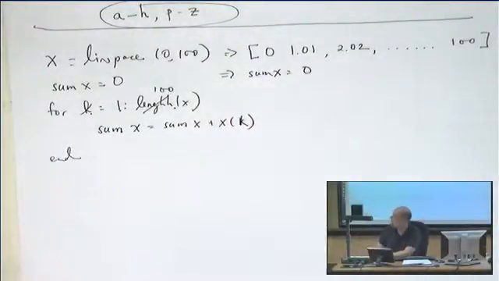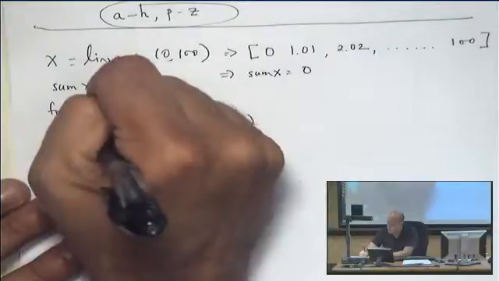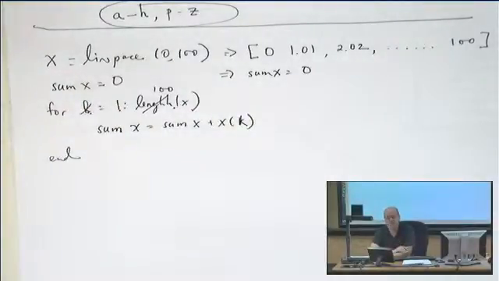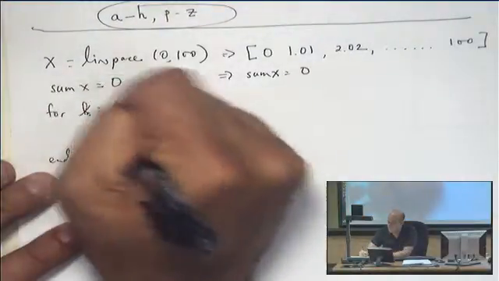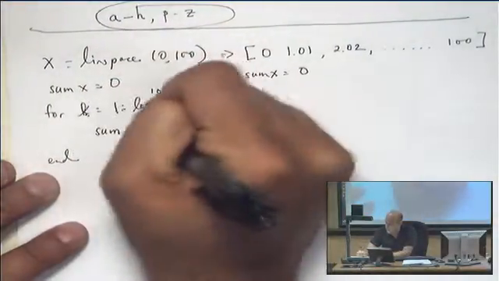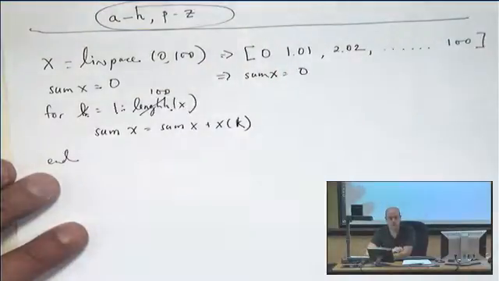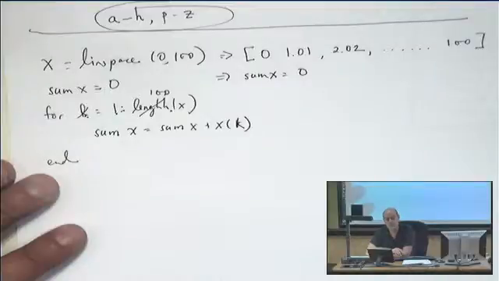So what this for loop means is, 'for' is like programming jargon for start. Start at k is equal to 1 and end at k is equal to 100. So k is equal to 1, then 2, then 3, then 4, and then k is equal to 100 when it ends.